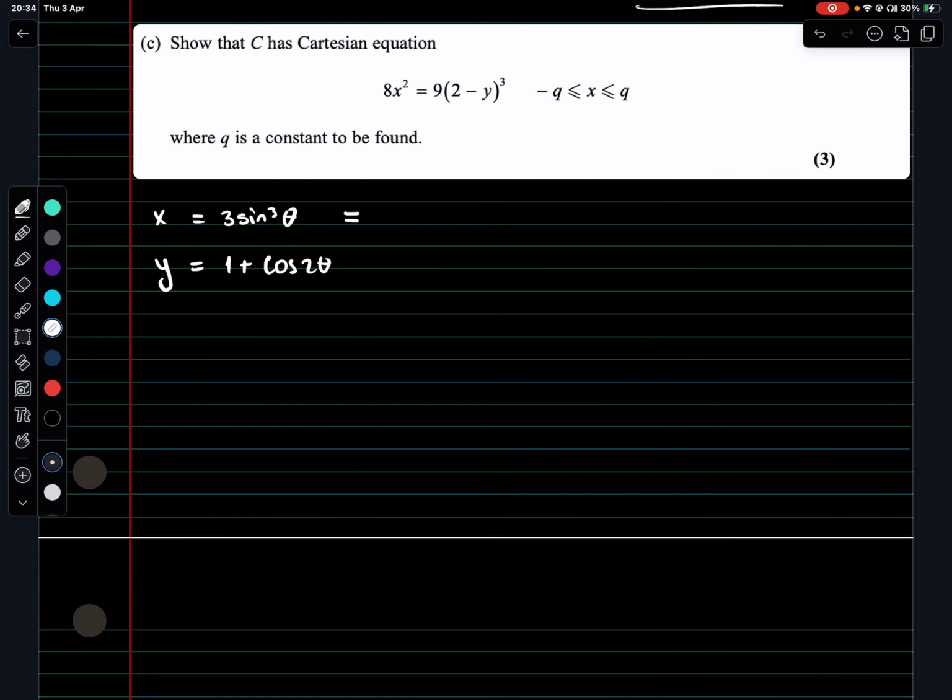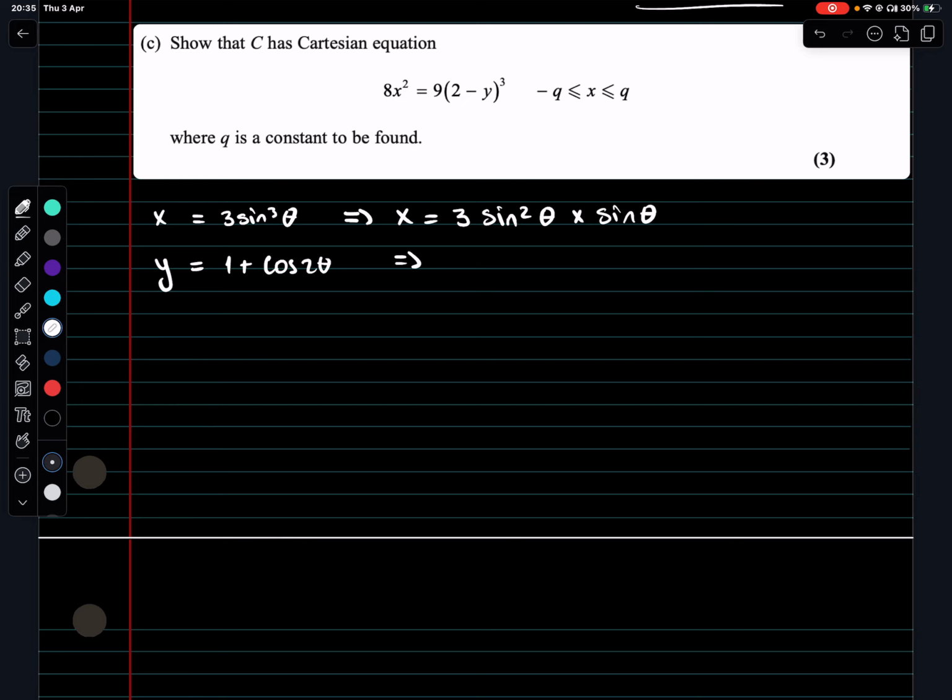So x equals 3 sine squared theta multiplied by sine theta. Remember the Cartesian equation is in x and y, so this is not a big deal. Actually, you need to be doing the rearrangement. That's what I'm trying to do here.